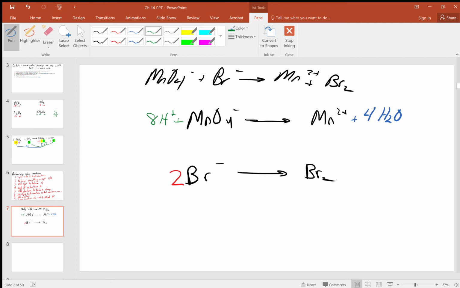Now we balance the charges by adding electrons. Let's do the second reaction first, because that one's actually an easier one. On the right we have 2 Br minus, so we have a total of a -2 charge on the left. On the right, the charge is neutral. So to make the right -2 also, we add 2 electrons.